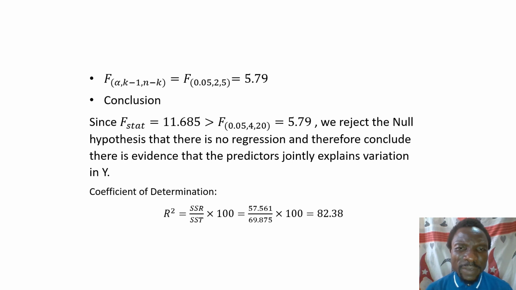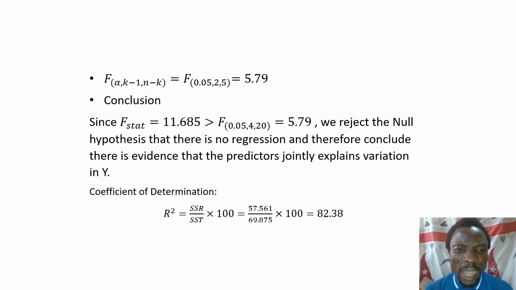Then we compare this value with the value we obtained for our F ratio. So our conclusion: since our F statistic, which is 11.685, is greater than the F table value, which is 5.79, we reject the null hypothesis that there is no regression, and therefore conclude that there is evidence that the predictors jointly explain variation in y.